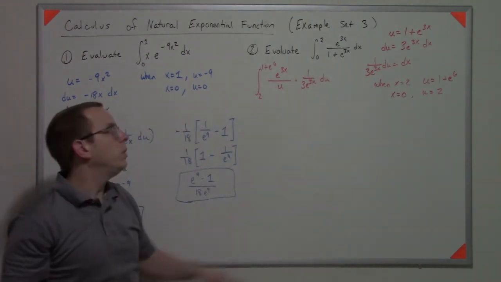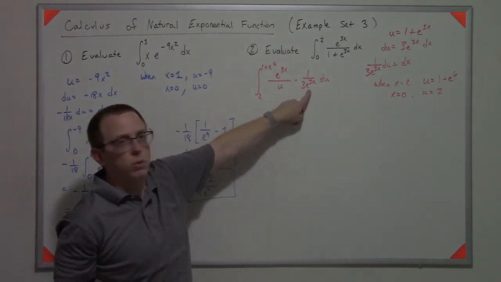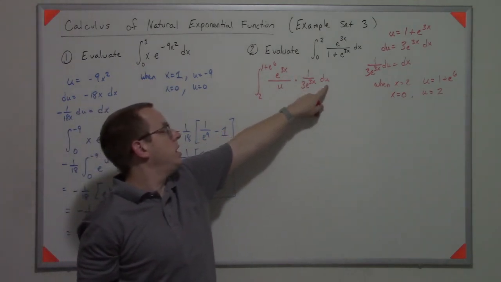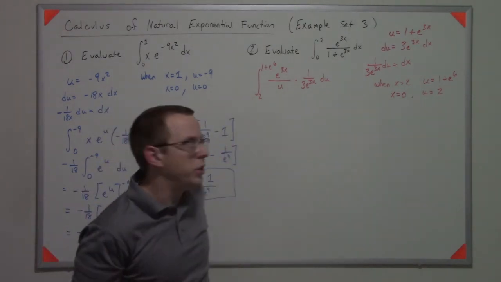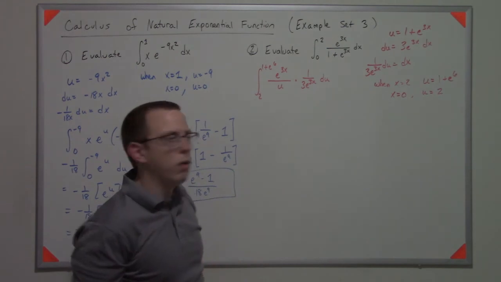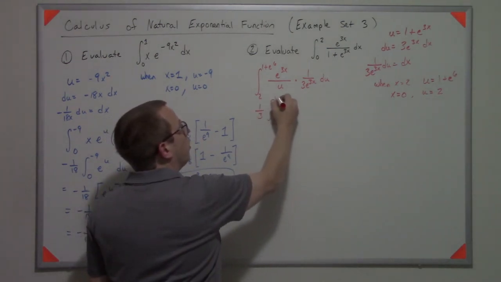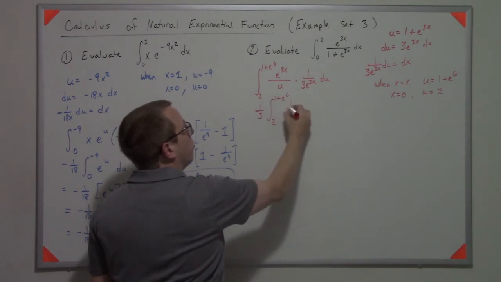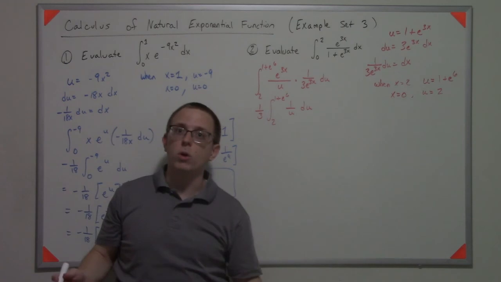So we get 3 e to the 3x over u times 1 over 3 e to the 3x du. So those e to the 3x's vanish. They destroy each other. And we can pull that 1/3 out front. We can say, okay, now I have 1/3 from 2 to 1 plus e to the 6th, 1 over u du. Now hopefully you recognize that, 1 over u du.